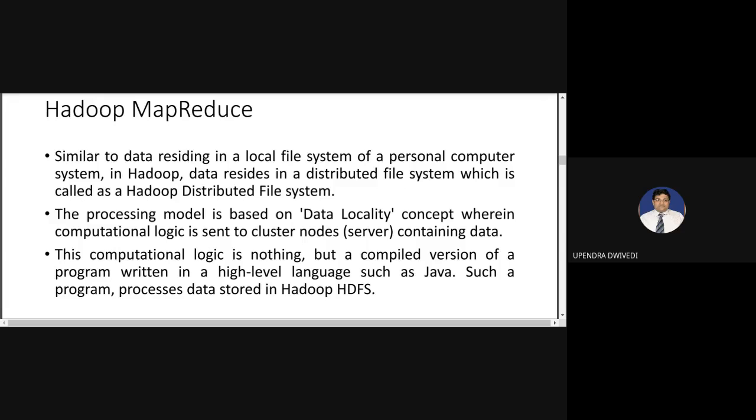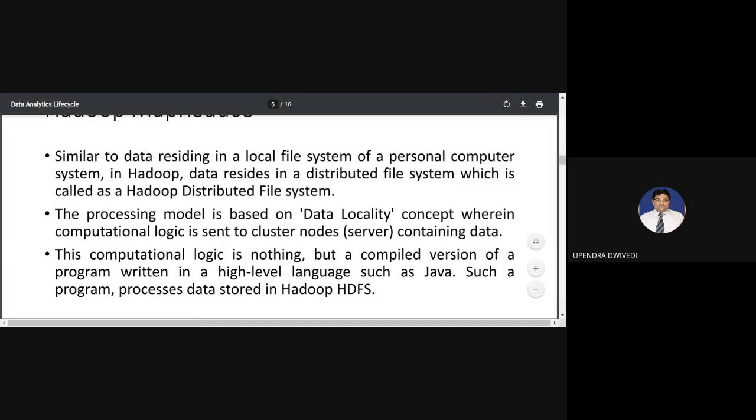The processing model is based on the data locality concept, wherein computational logic is sent to the cluster nodes containing data. So it follows the data locality concept, as computation logic is distributed among the cluster nodes, and these cluster nodes hold a large amount of data within them.